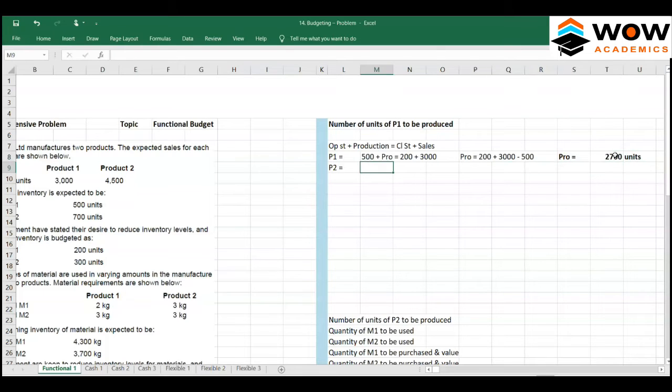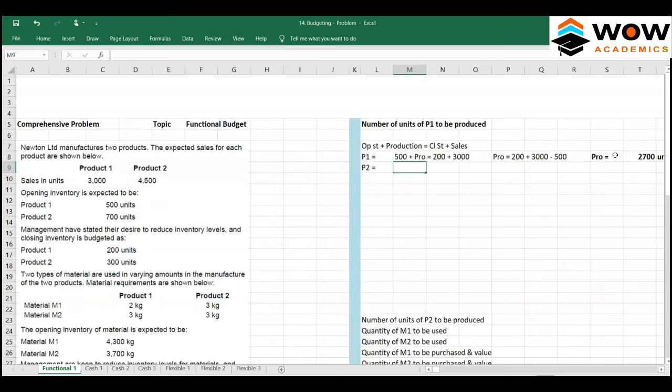Let's get it for P2. P2 is similar to P1, we just have to find the opening stock. The opening stock is 700 units and the closing stock is 300 units, and the product to be sold is 4,500 units.